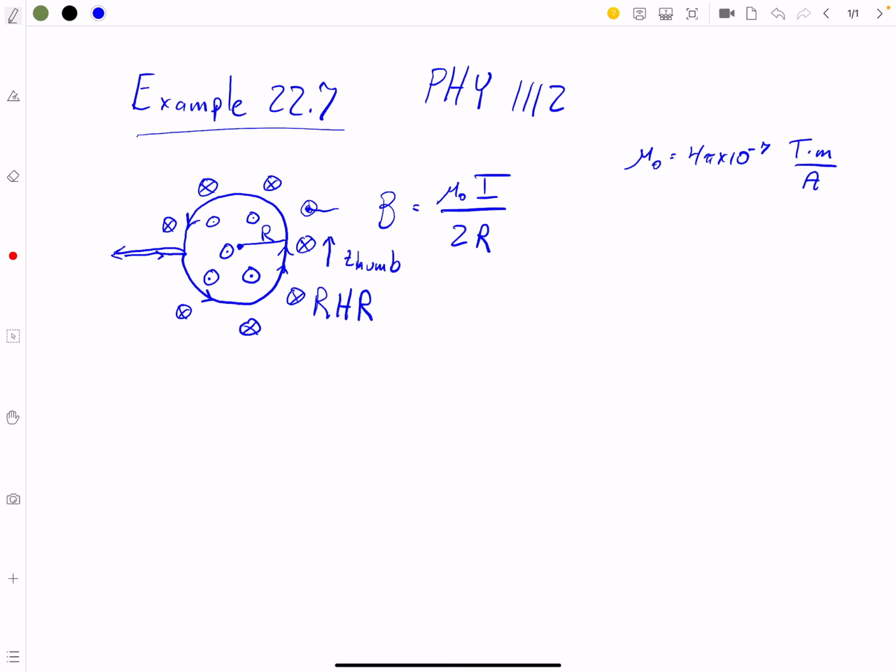And let's look at when you have a solenoid, which just means many loops.